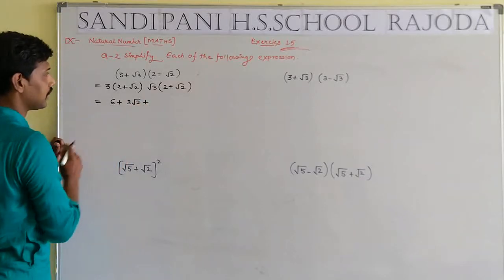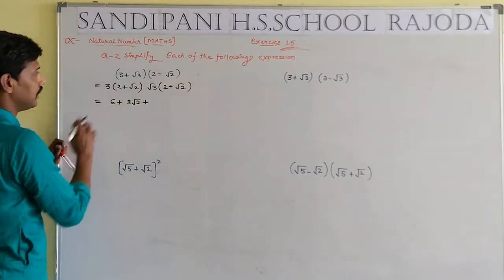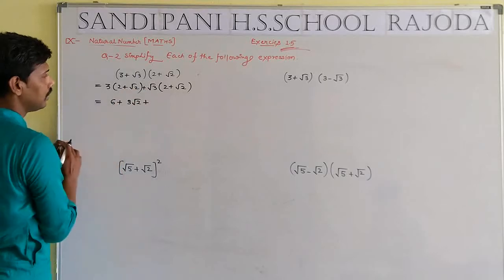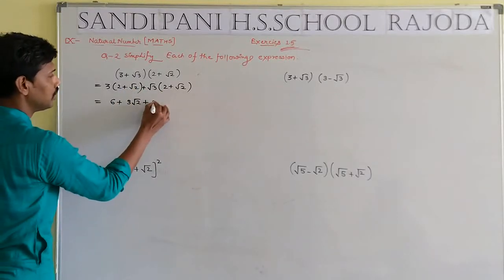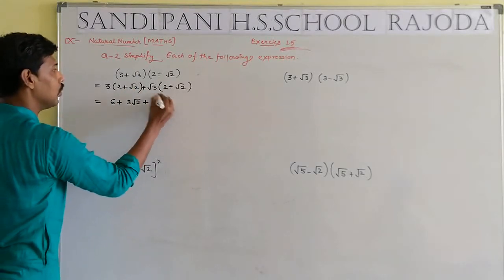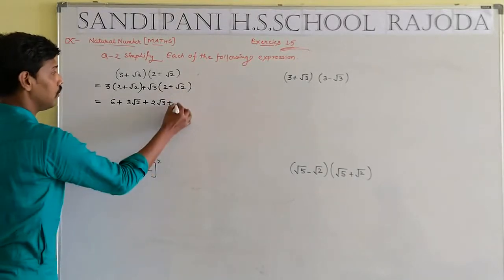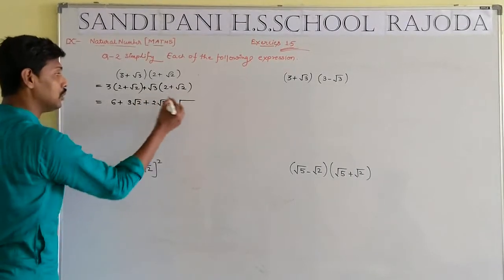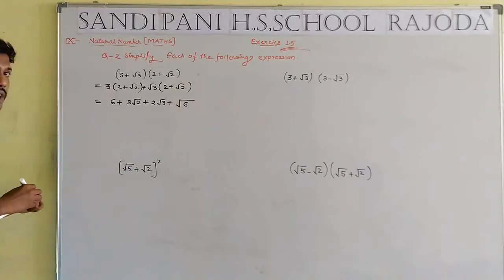But in the case of root 3, what is the sign of root 3? Plus. So root 3 into 2 is 2 root 3. Root 3 and root 2 will be root 6.